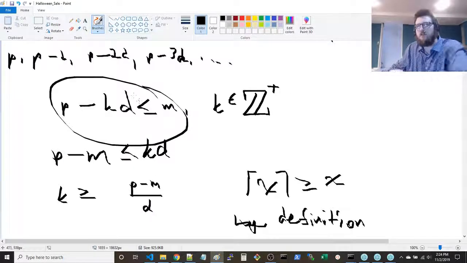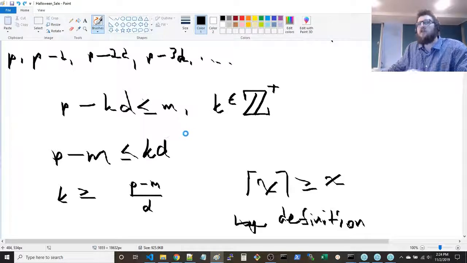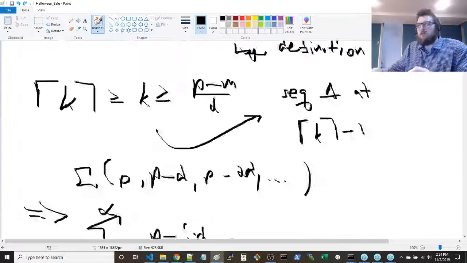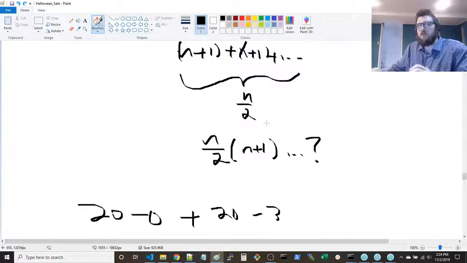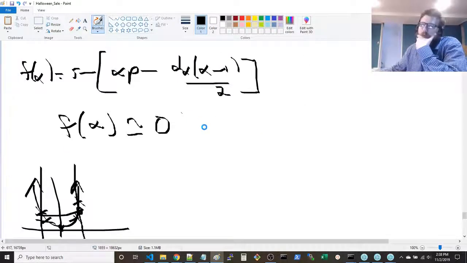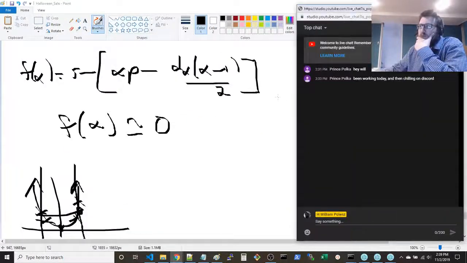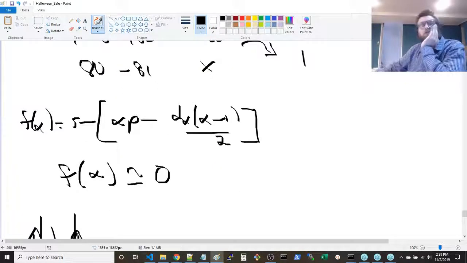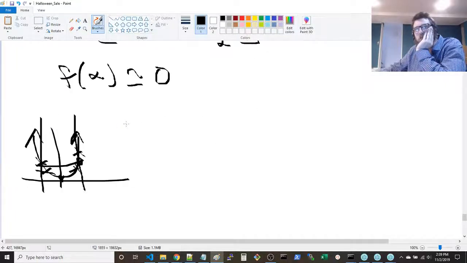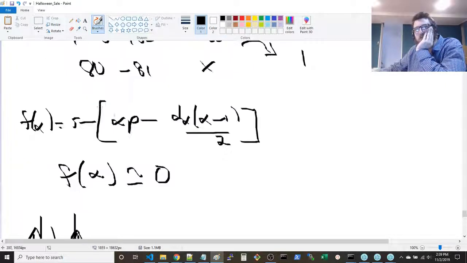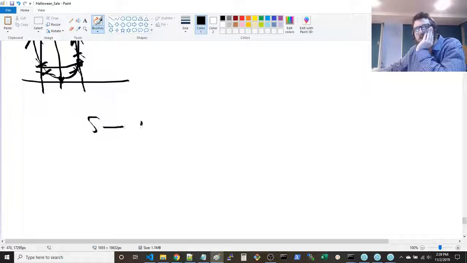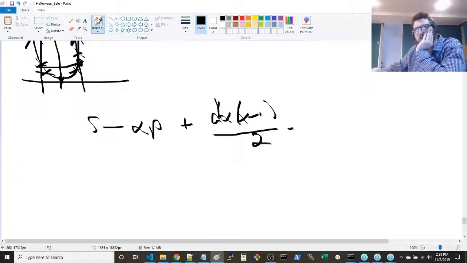See, it comes from this. Okay, so P minus M over D. And then, okay. It's confusing, but I think I understand. So, all right, we'll go back to our quadratic formula then. So, this is S minus alpha P plus D times alpha minus 1 over 2 equals 0.